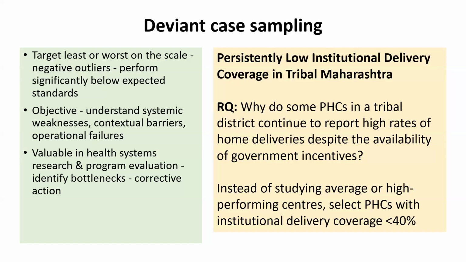So here, instead of choosing PHCs randomly or average performing PHCs, you will say that I am going to identify low performing PHCs and focus on these PHCs to identify what are the reasons that they are performing below par. So this is another example of purposive sampling.